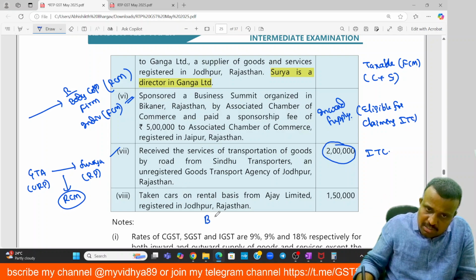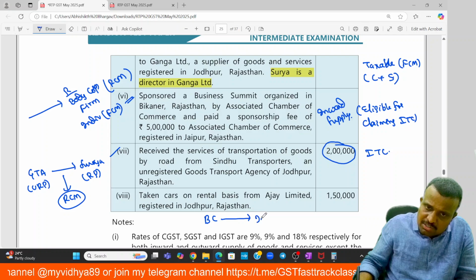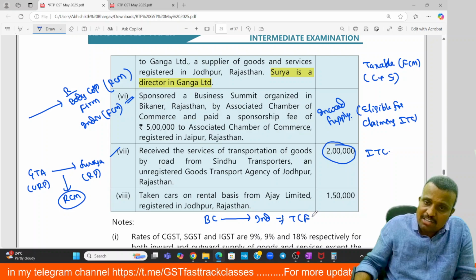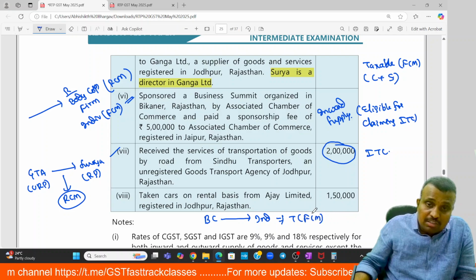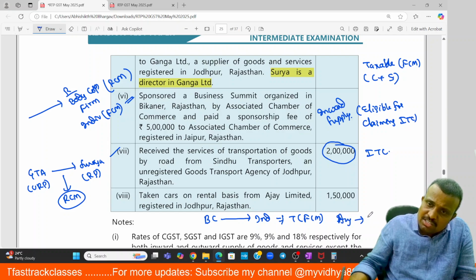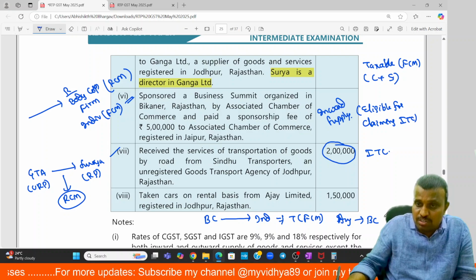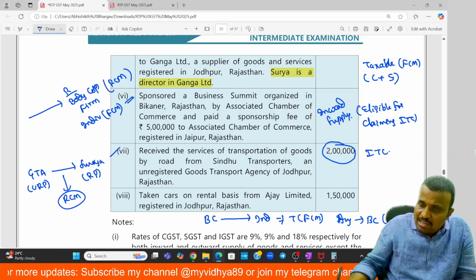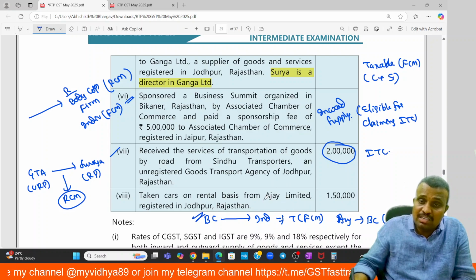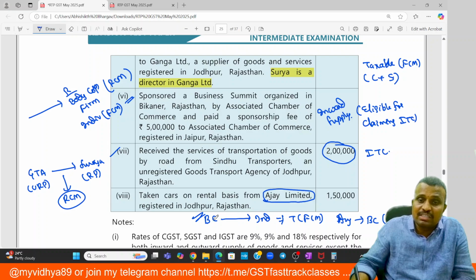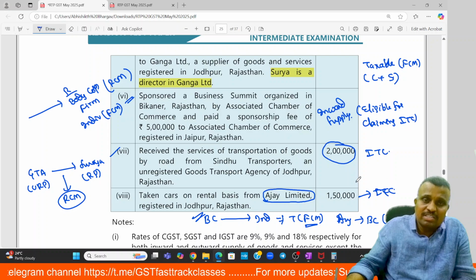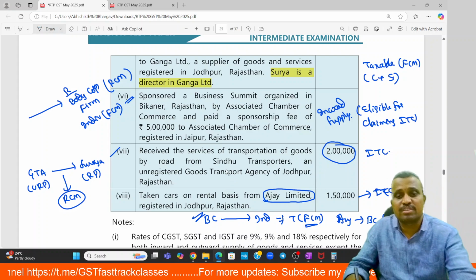If a body corporate is providing rent a car services to an individual, this is taxable under forward charge mechanism. And if any person is providing these services to the body corporate by way of rent a car services, this is taxable under reverse charge mechanism. And here we covered it under the first case. So taxable under forward charge because the service provider is Ajay Limited, nothing but a body corporate. So forward charge mechanism. This is eligible for claiming ITC because it is an inward supply.